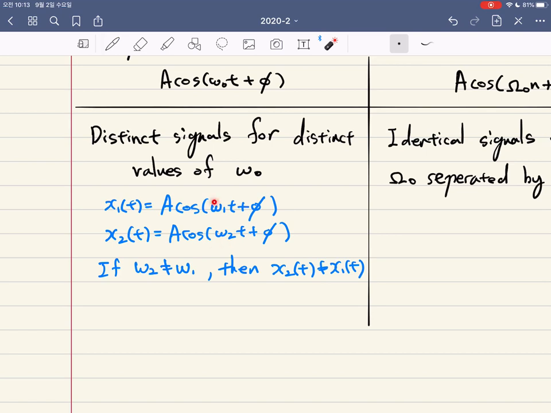If they have different values, then there are indeed two distinct signals.